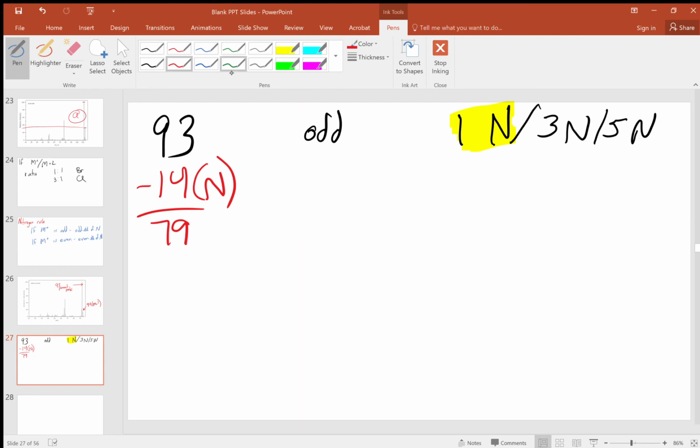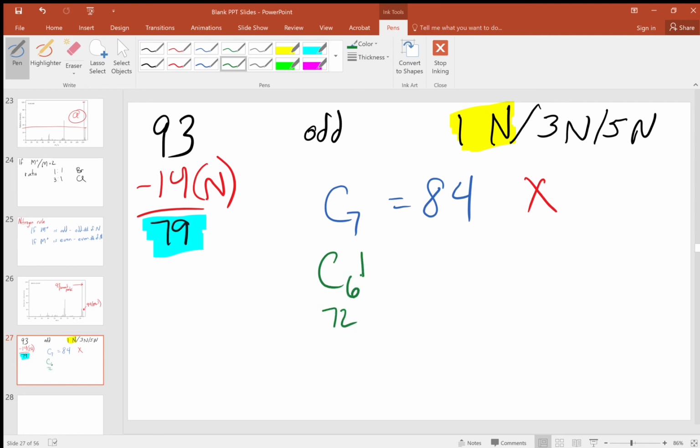So how many carbons are we looking at? Well, if we look at C7, that would mean we'd have a mass of 84 from carbon. And 84 is clearly greater than 79, so we can rule that out. It requires too much mass. We could go down to 6 carbons. That equals 72, which would leave us with 7 more hydrogens. That could be okay.